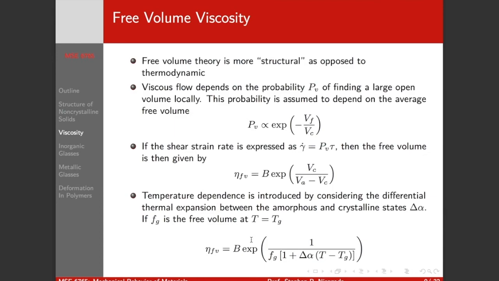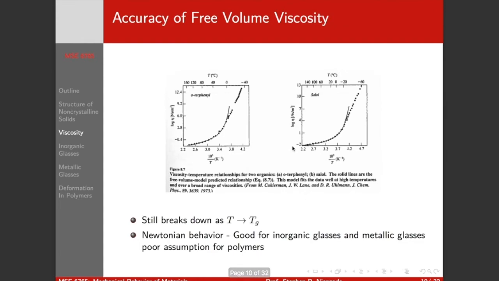It's a more conceptual model than the reaction rate viscosity. And so here we have 1 over T times 1,000. So the units of this are 10 to the 3 Kelvin inverse.